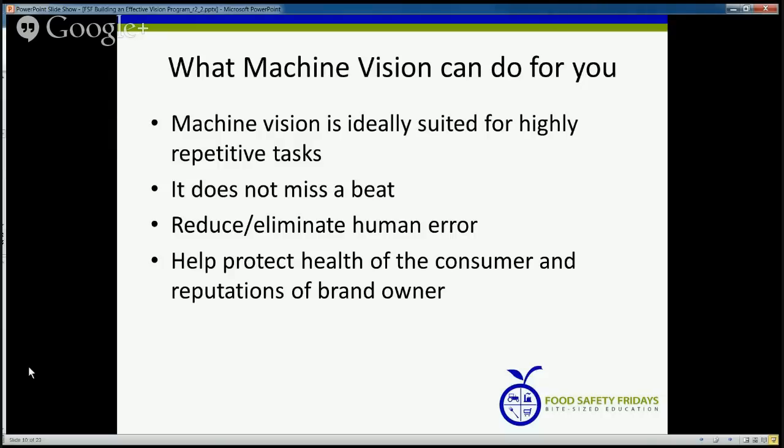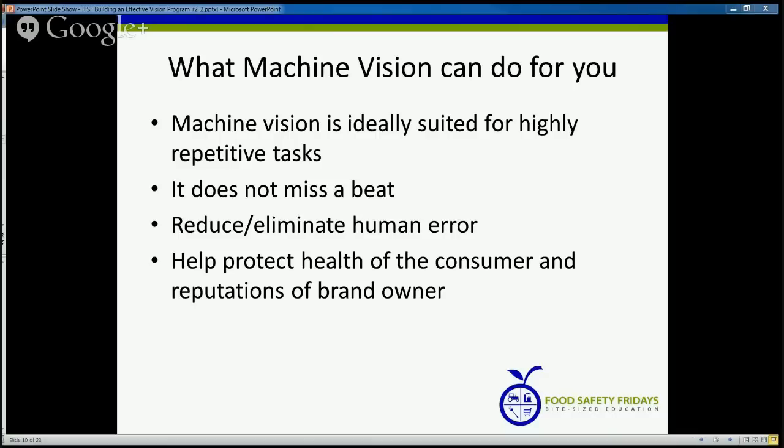And what can it do for you? Sorry, let me back up for a second. We have obviously a lot of technological advances that help us do things better, but the human eye, backed by the human brain, is still a very powerful inspection tool. The problem is that humans get tired, take breaks, go on vacation.